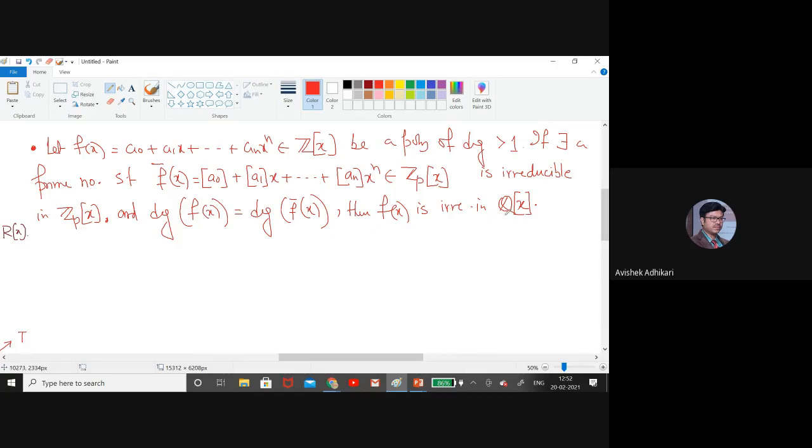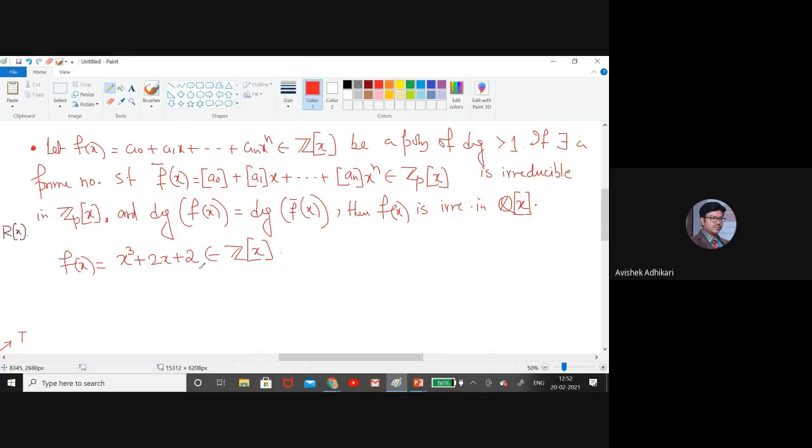What does this mean, and what is the meaning of these notations? That's very important. So suppose I start with a problem like f(x) = x^3 + 2x + 2. Okay, so that is in Z[x]. Now one thing you could do is factorize it and say whether this is irreducible or not.